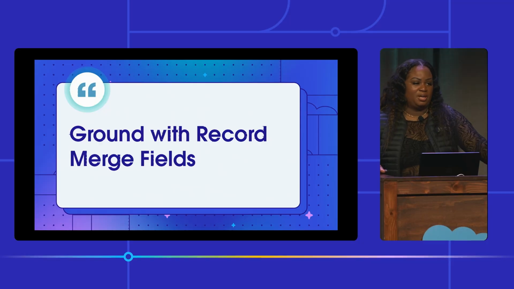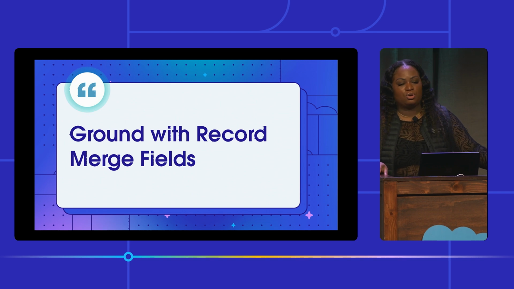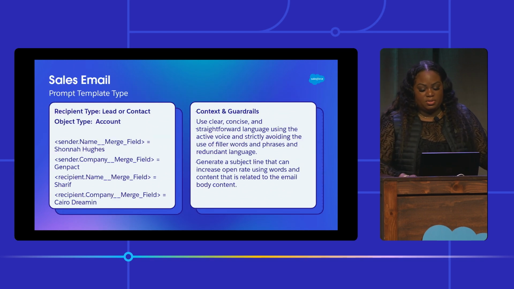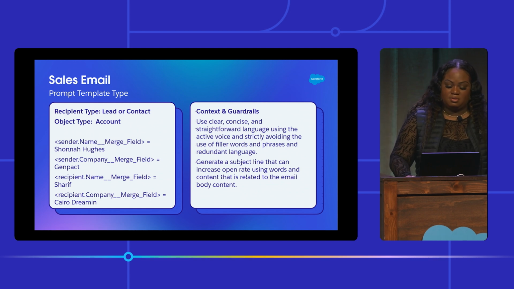All right, so you can ground your templates with record merge fields. A lot of information there, we already know. You can ground your template with objects themselves. There's so much information that you can utilize. So this is an example of a sales email where I highlighted the fact that you can ground it with those merge fields or those fields that are within your org.